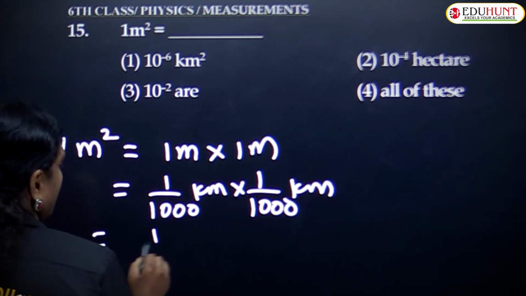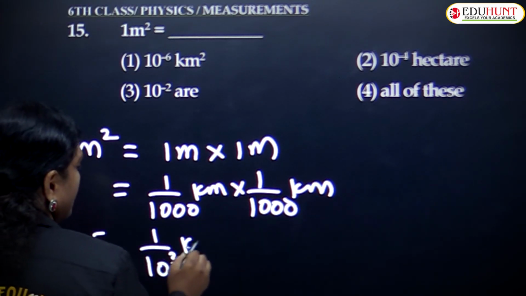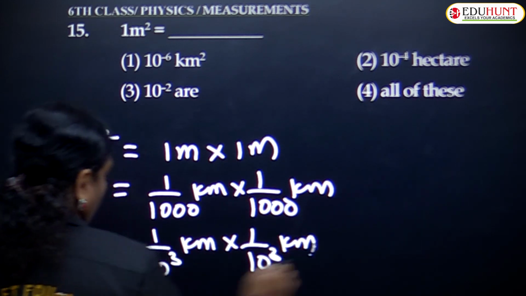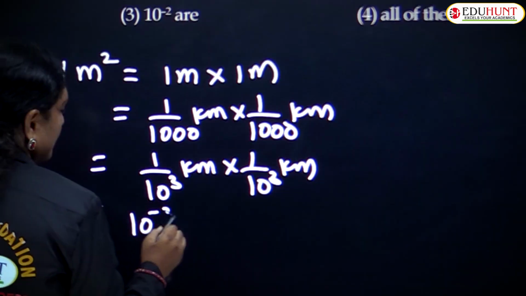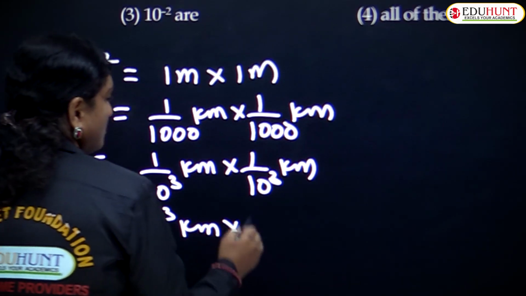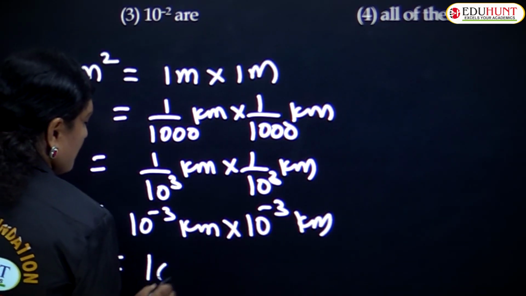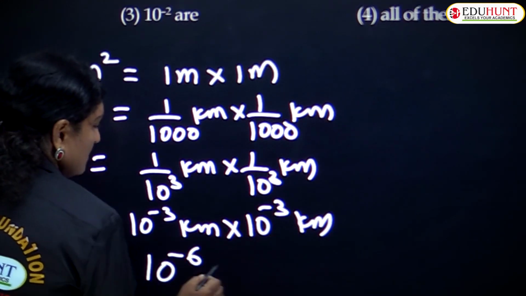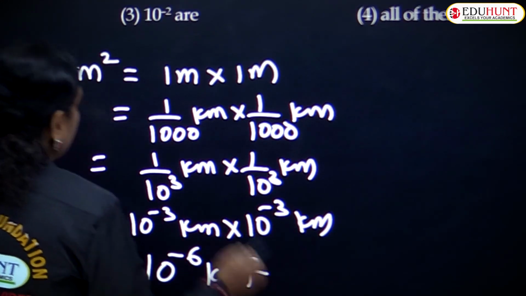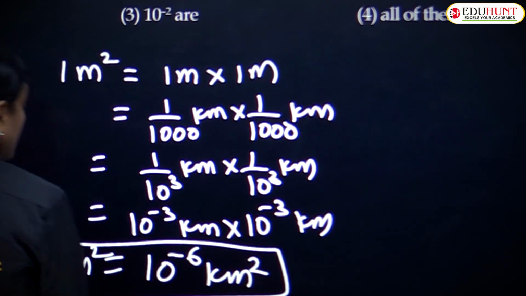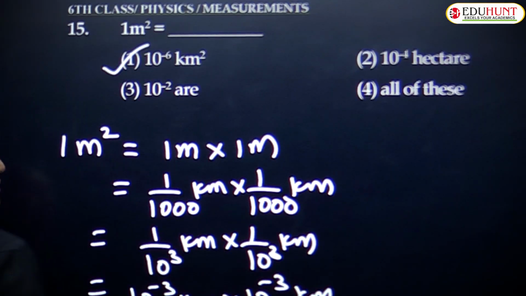So this is 1 by 10 power 3 kilometer into 1 by 10 power 3 kilometer, which is 10 power minus 3 kilometer into 10 power minus 3 kilometer. So the final answer is 10 power minus 6 kilometer square. Hence 1 meter square is equal to 10 power minus 6 kilometer square.